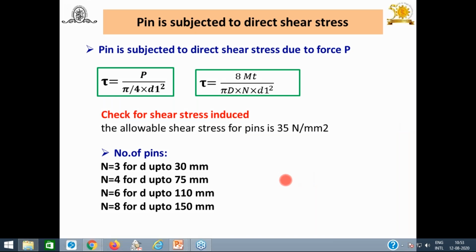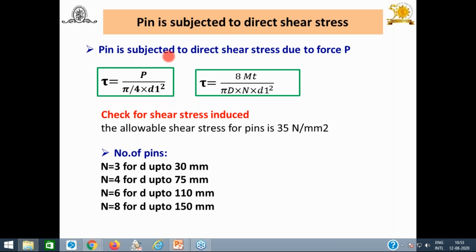To transmit the torque, the pin is also subjected to direct shear stresses. In a rigid coupling, while solving the problem yesterday, we determined the nominal diameter of the bolt using shear failure, and we checked this diameter by checking the induced crushing stress. But in this case, we consider the permissible bearing pressure between the bush and the flange.